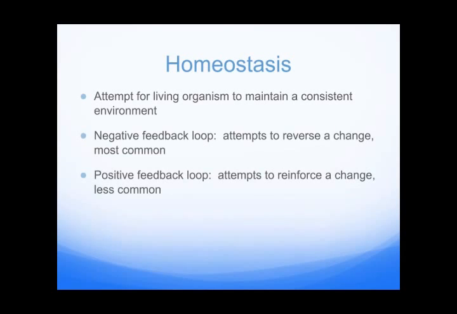If we are hot, we sweat. Those are all examples of negative feedback loops. They're trying to reverse or change the trend that's happening in our bodies. A positive feedback loop is less common in our bodies, and that's something that actually adds something to our body to keep that change going.